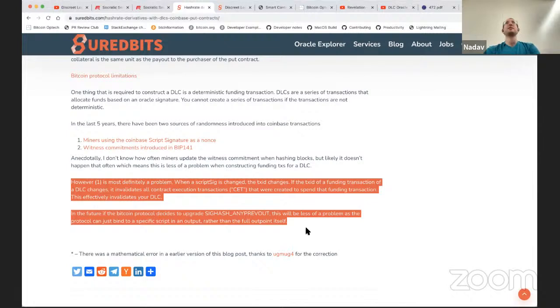But with L2, this isn't the case. You can use SigHash any prev out to essentially dynamically bind your DLC into your channel so that you don't have to re-sign the DLC every time. The DLC can just be a part of all future channels until it's kicked out or settled. At a very high level, SigHash any prev out lets you dynamically rebind transactions, so they don't just spend this output, they can spend any of the future outputs.